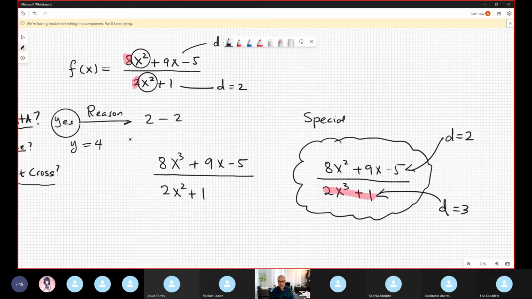So the answer is, we have a horizontal asymptote. At what value? At 0. Special is always 0. Do you understand this or no?